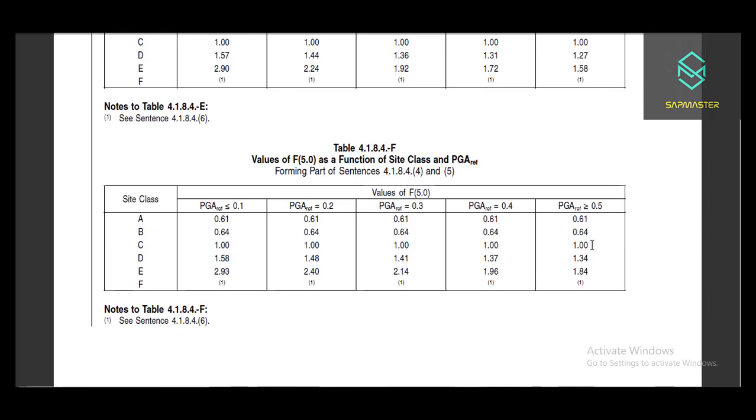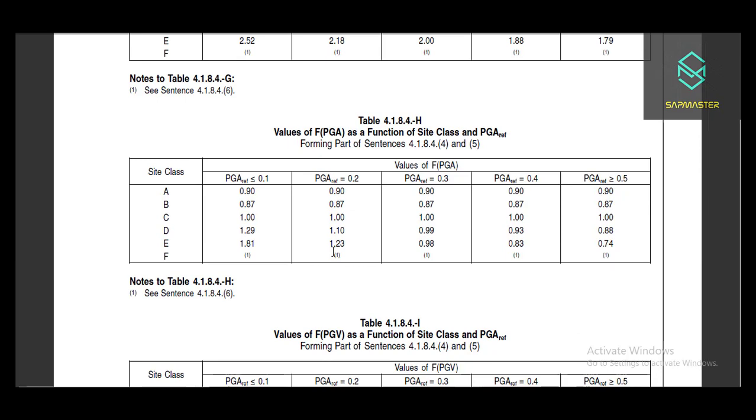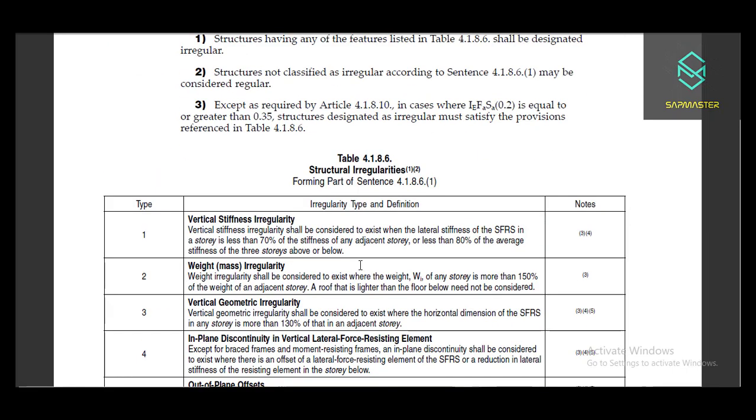For C, it's always equal to 1. So if you have a building in another site class, you have to find them from these tables. And let's go and find MV. So this is for the importance factor, as you can see in table 4.1.8.5, and as ours is normal, it's equal to 1.